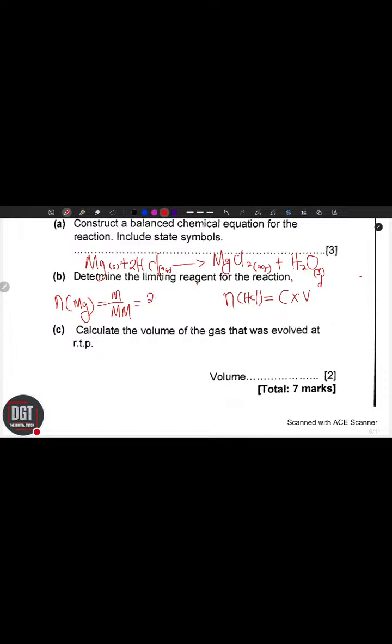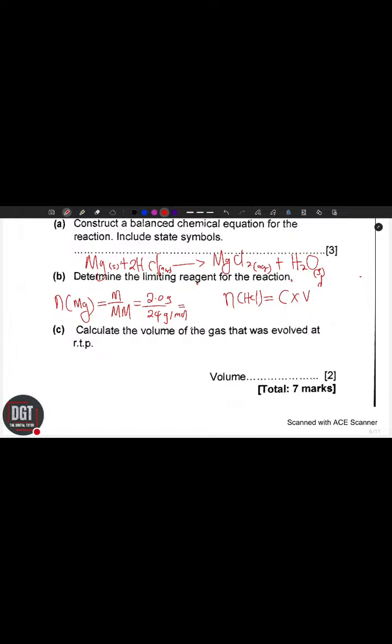The given mass here is 2.0 gram. Divide by the molar mass of magnesium, which is 24 gram per mole. What are we going to find when we divide 2.0 by 24? What is the answer that you are able to find? Let me hear from you.